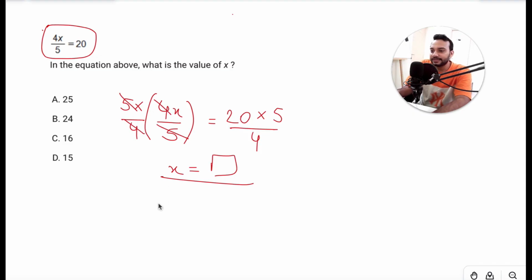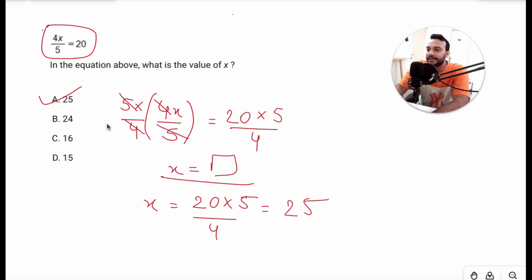The 4 gets cancelled. X is isolated on the left hand side with the right hand side being 20 times 5 over 4. 20 times 5 is 100 over 4 is 25. So option A. This is how we solve the equation. This rule is applicable to the most complex of linear equations or the simplest ones. It remains the same throughout.